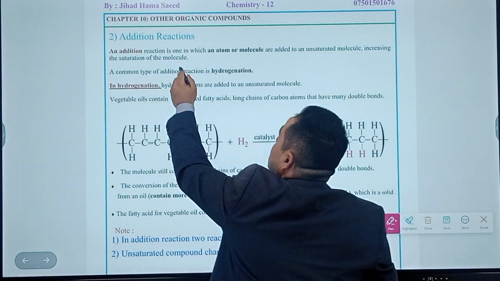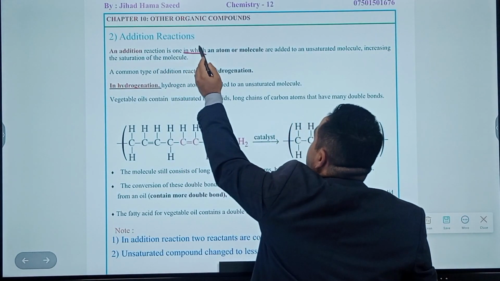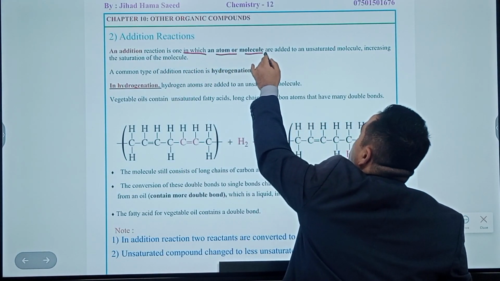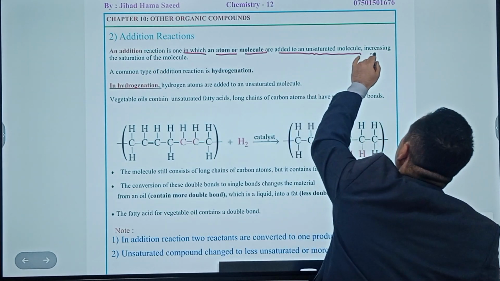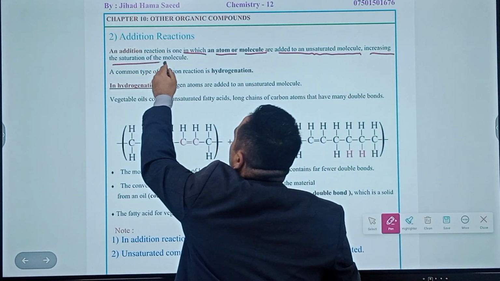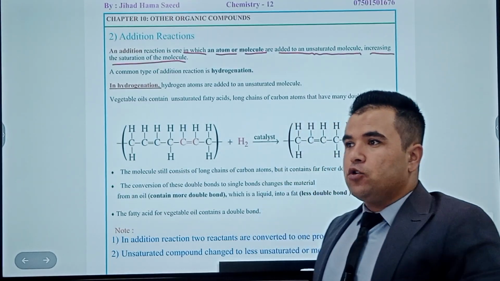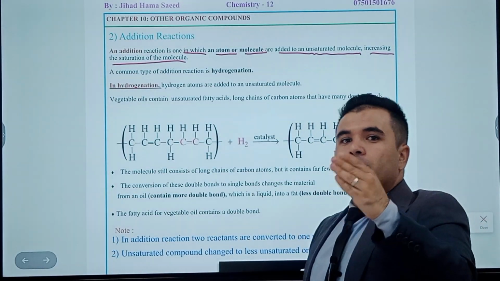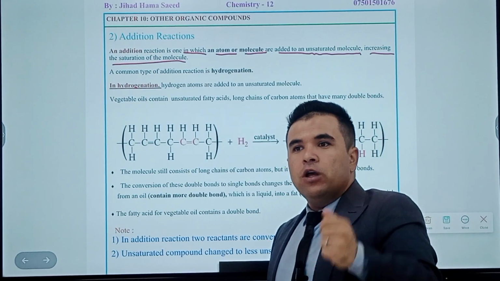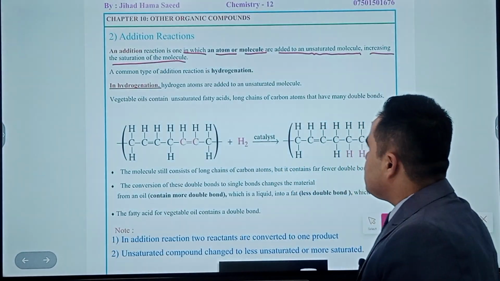In an addition reaction, atoms or molecules are added to an unsaturated molecule, increasing the saturation of the molecule. So the addition reaction increases the saturation. From unsaturated, it becomes more saturated. From double bond, it becomes single bond. From triple bond to double bond or single bond, as we can see.